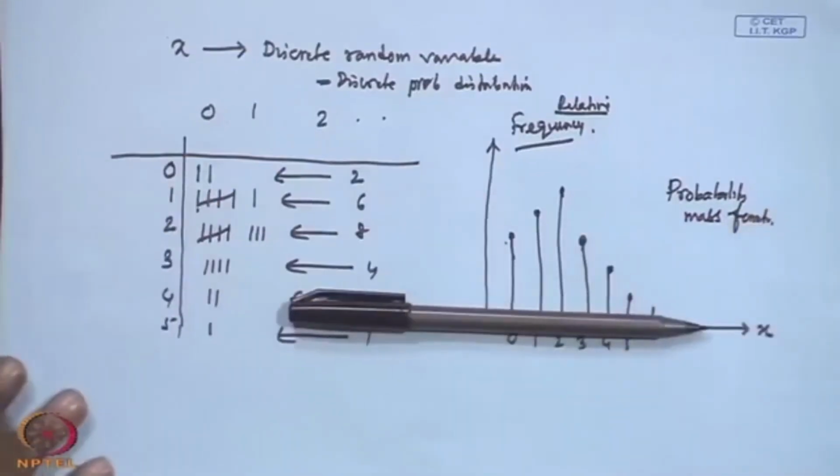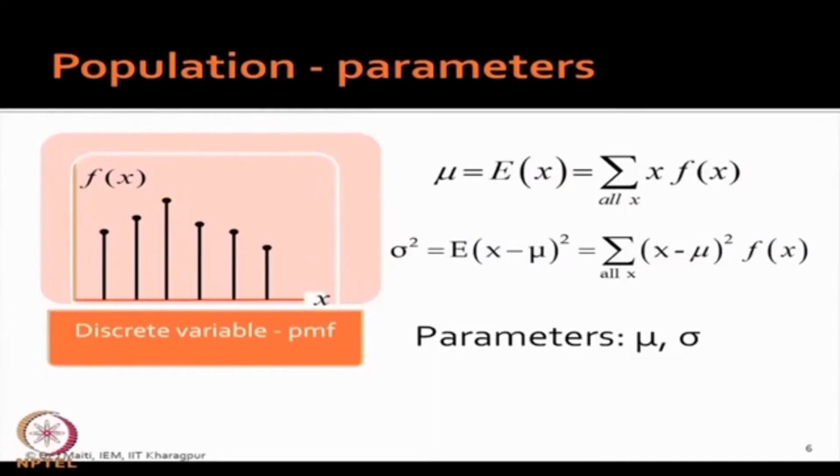Probability mass function, PMF. When you get this type of plot for a discrete variable, you are basically developing a probability mass function.